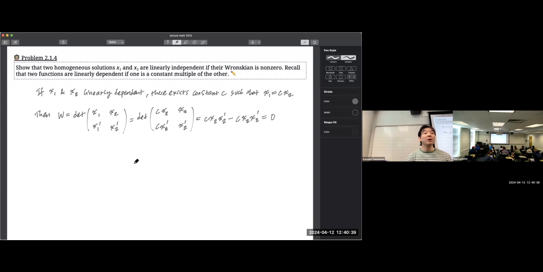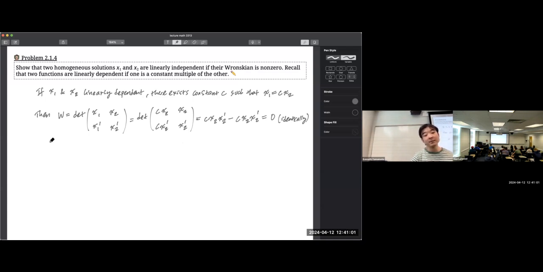So whenever your x1 and x2 are linearly dependent, their Wronskian will be 0, identically, actually. It's not even like it's going to be 0 at some x values or whatever. It's going to be 0 the whole time. It's going to be identically equal to 0.